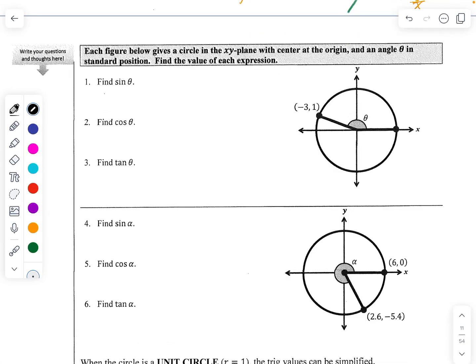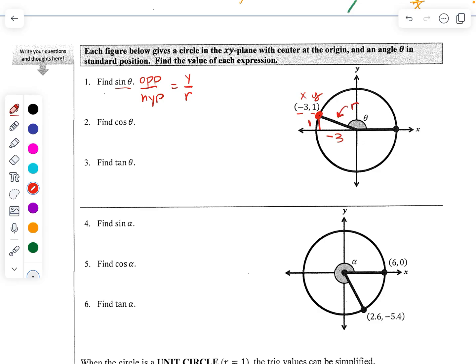Okay, looking at the next one, let's go ahead and apply some of this knowledge. So again, if we're looking for sine, remember that's opposite over hypotenuse. We also can say that this is the y over the radius. So if I'm looking here at this point, remember this is x comma y, and this is -3, 1, where this here is your radius.